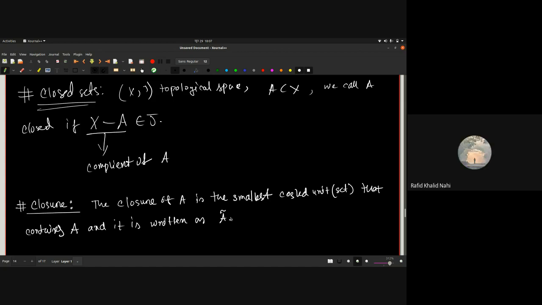Does A have to be closed or open or anything? Is A arbitrary? No. A has to be closed first, because you are talking about closed sets, right? We can define closure only on closed sets. A is closed.